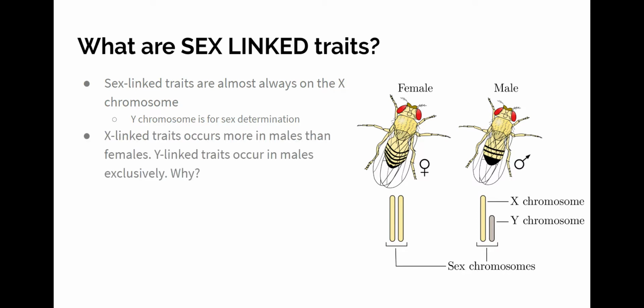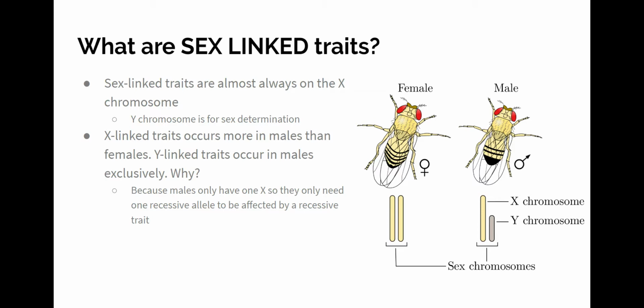X-linked traits occur more in males than females, and Y-linked traits only occur in males. Y-linked traits make sense that they only occur in males because only a male will pass a Y to another male. The reason why X-linked traits occur more in males than females is because males have only one X chromosome.